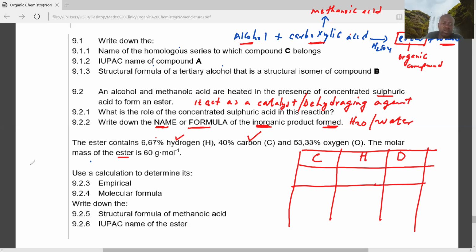First we write down the mass of the compound. After the mass, we calculate the number of moles, and after that we look at the ratio.